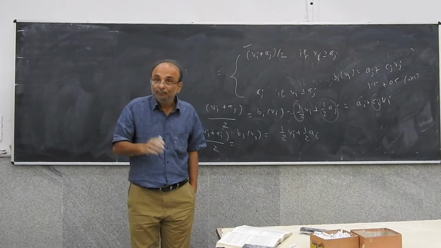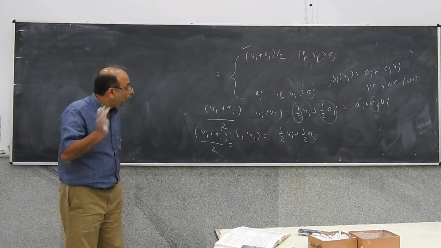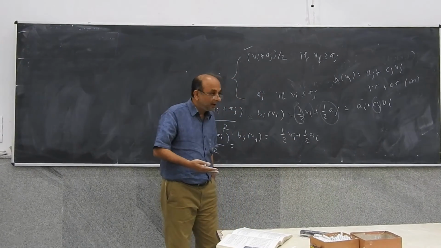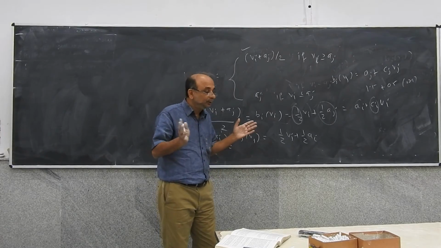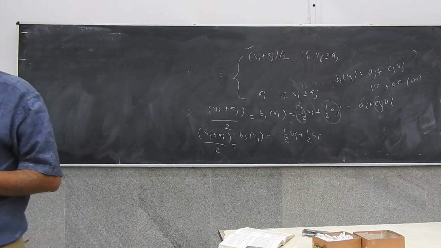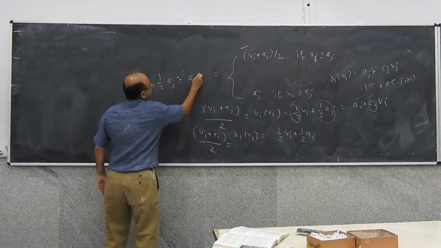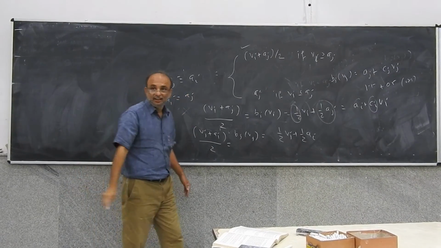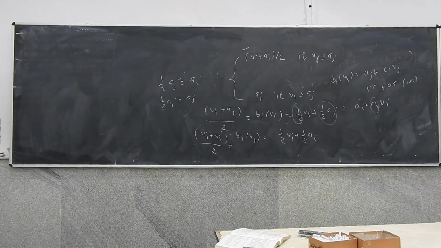Similarly, Aj must be equal to half Ai. Which means that Ai and Aj both have to be 0. See, because we have half Aj is equal to Ai and half Ai is equal to Aj. What Ai and Aj can satisfy this? 0. So Ai and Aj are 0.